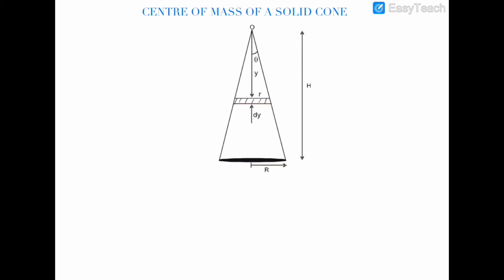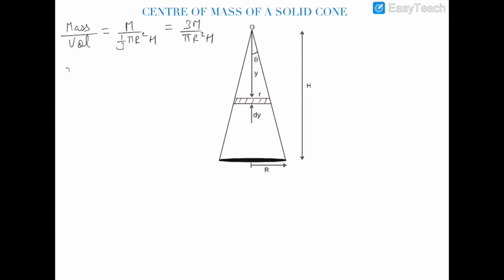Then the mass per unit length, mass per unit volume in fact, because it is a three-dimensional object, therefore mass per unit volume will be m upon the volume of this solid cone, which is 1 by 3 pi R square h. So this is mass per unit volume, which is 3m by pi R square h.